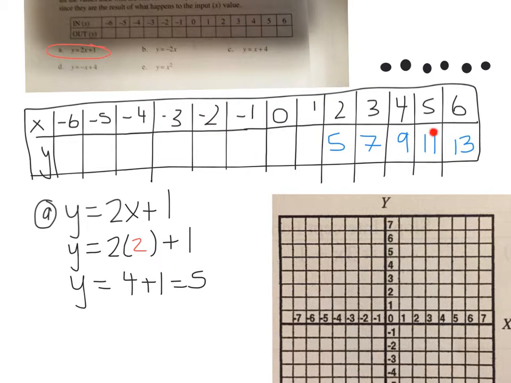Okay, if you take a look at the numbers on the bottom, I notice a pattern. It's 13, 11, 9, 7, 5. Do you notice that the numbers are going down? And how much are they going down by each time? 11 is going down to 9, 9 is going down to 7, 7 is going down to 5. So that means it's minus 2, so 13 minus 2 is 11.